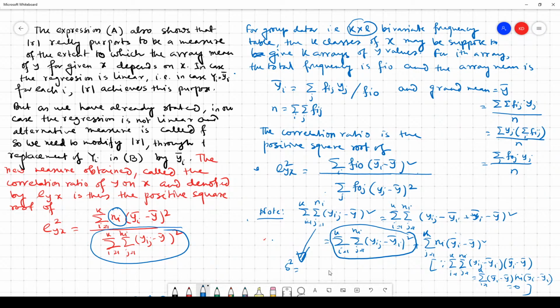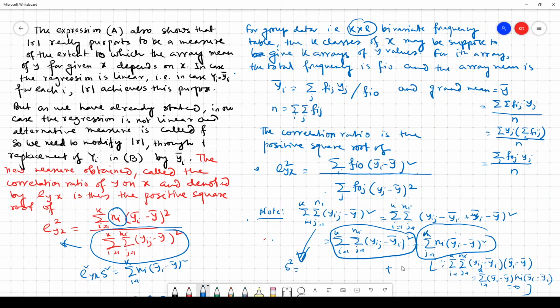And if you look at this formula, first I write this part; the second part, if you look at the formula, is nothing but e square yx s square, which is equal to the sum over i from 1 to k of ni yi bar minus y bar whole square.